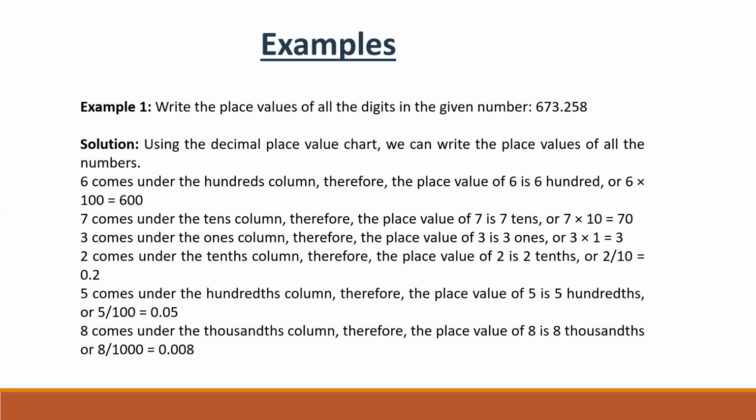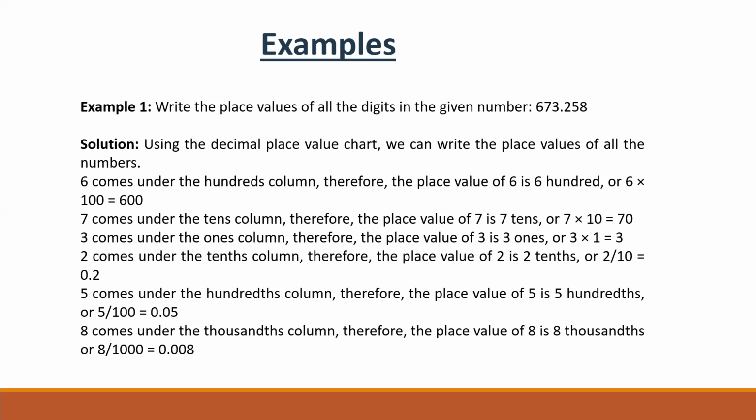The solution is, using the decimal place value chart, we can write the place values of all the digits. 6 comes under the hundreds column, therefore the place value of 6 is 600, or 6 into 100, which is 600. 7 comes under the tens column, therefore the place value of 7 is 7 tens, or you can say 70. 3 comes under the ones column, therefore the place value of 3 is 3 ones, or 3.